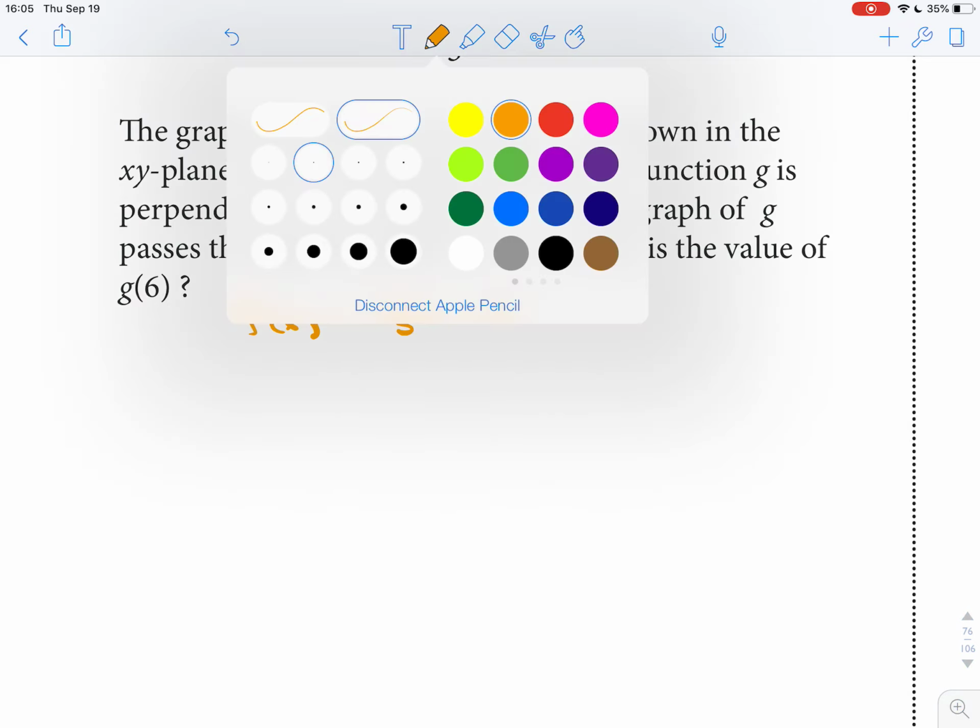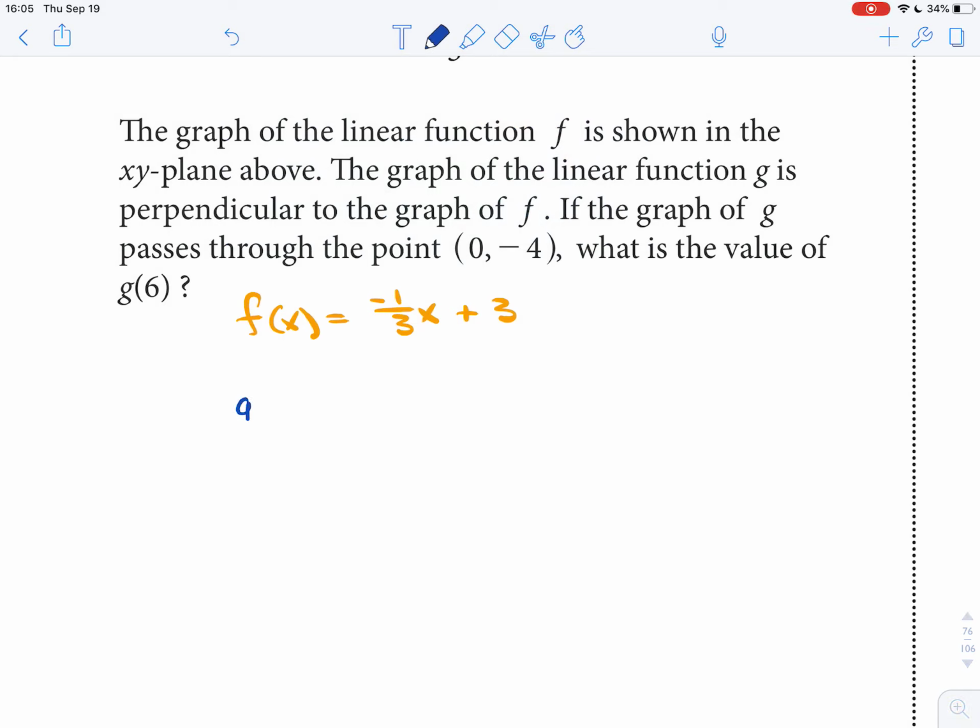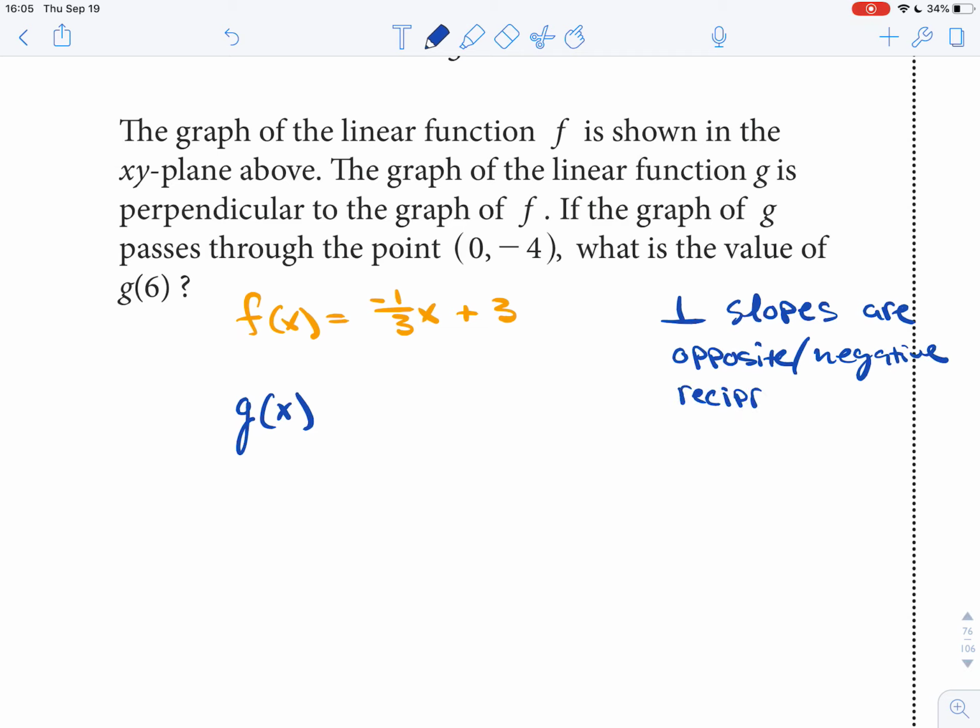So since g is perpendicular, we know that perpendicular slopes are opposite or negative reciprocals. So if they're opposite or negative reciprocals, we can say that the function g has a slope of positive 3x.